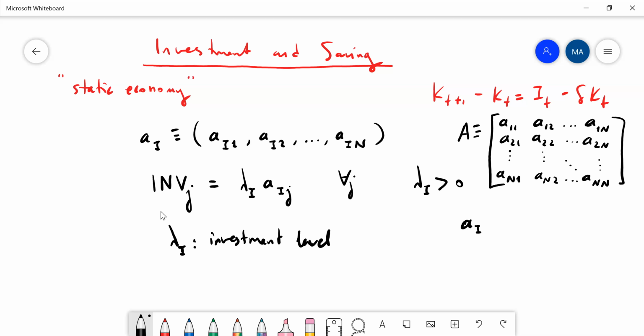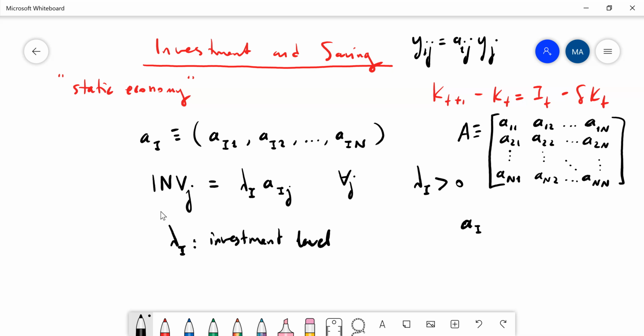So you may read this equation similar to this. Remember that? So to produce 1 unit of good J, I needed Aij units of good I, right?